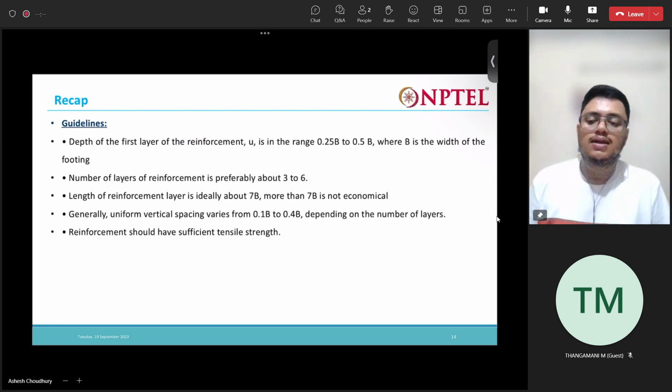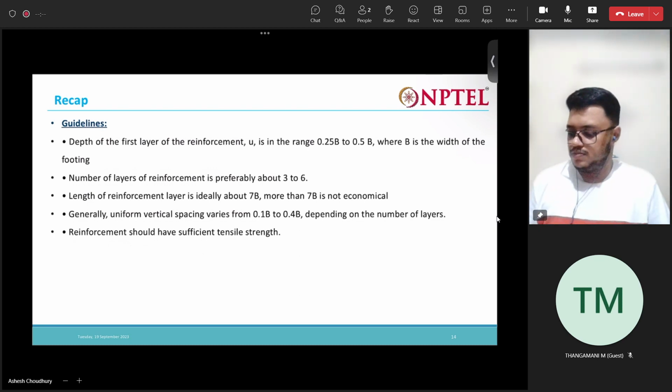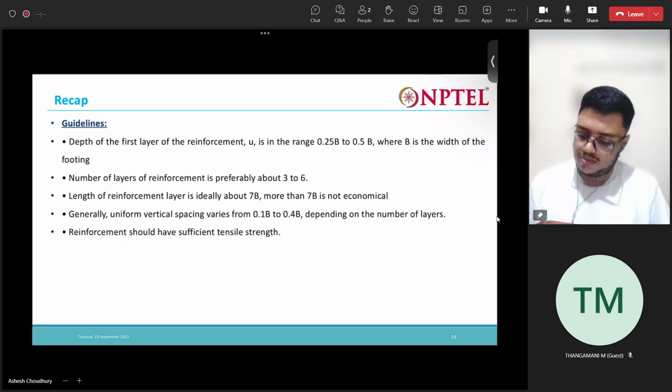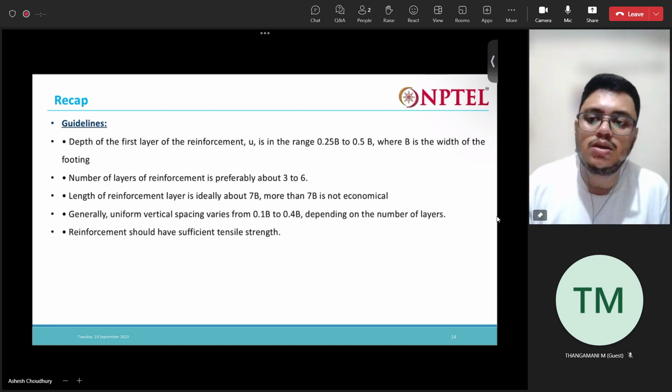The depth of the first layer of reinforcement, du, is generally in the range of 0.25b to 0.5b.